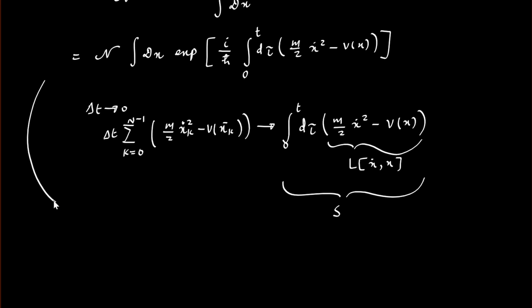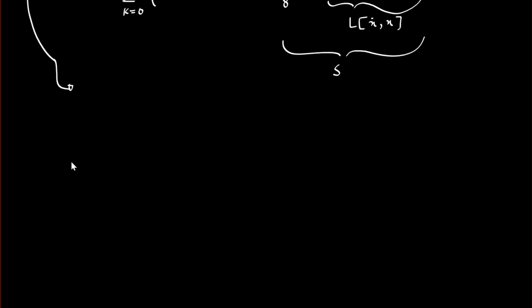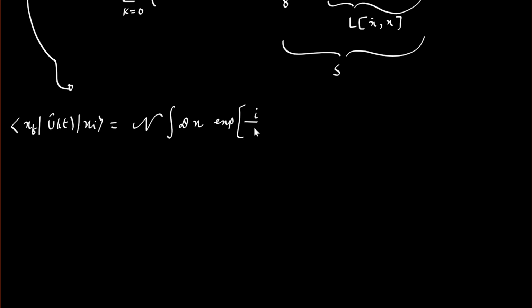It's our final equation, or we can say that the path integral in coordinate space is this, equal to the normalization constant integral D of x exponential bracket i by h cross S, and here this S is a function of x dot and x.